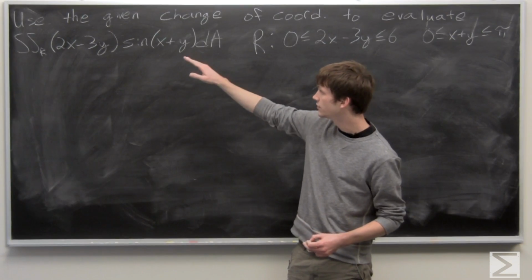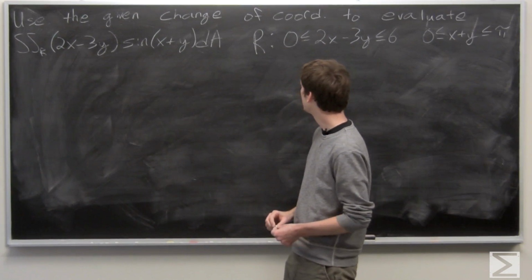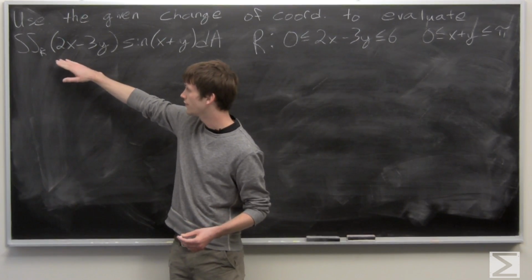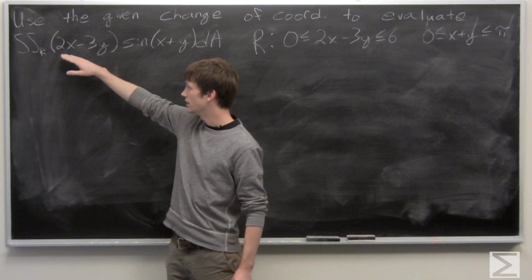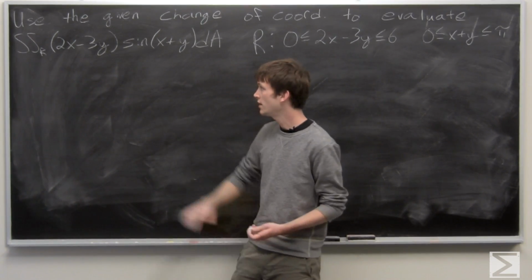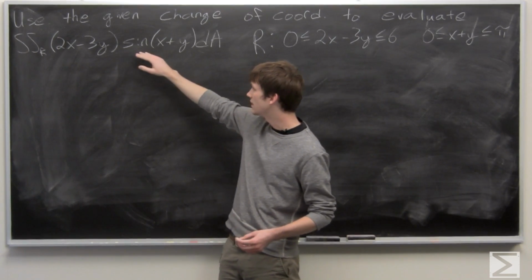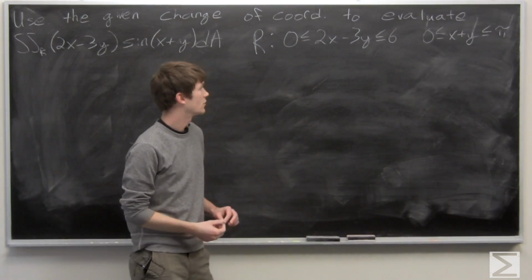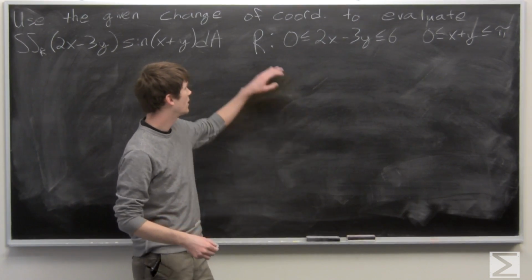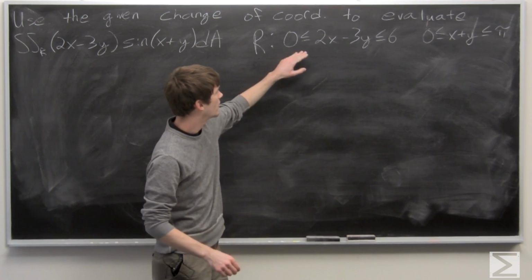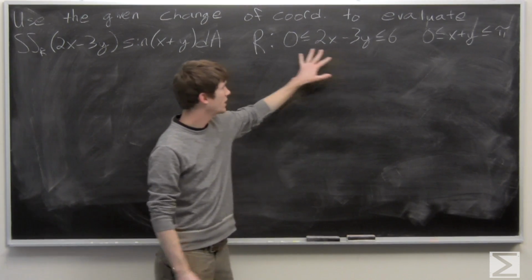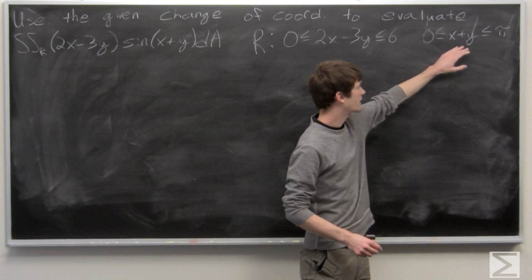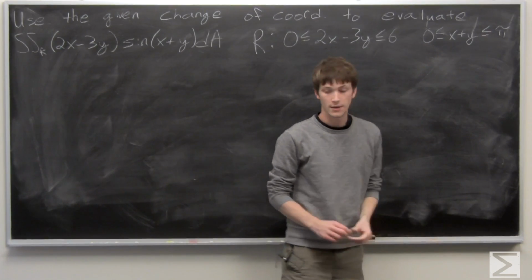Okay, in this problem we're asked to use the given change of coordinates to evaluate our double integral over our region R. So our integral is of 2x minus 3y, all times the sine of x plus y, times our unit of area. And our region R is defined as 2x minus 3y is between 0 and 6, and then x plus y is between 0 and pi.